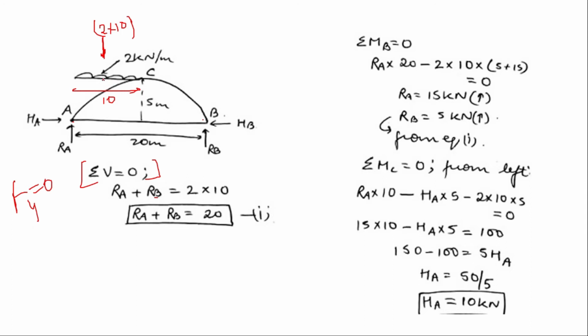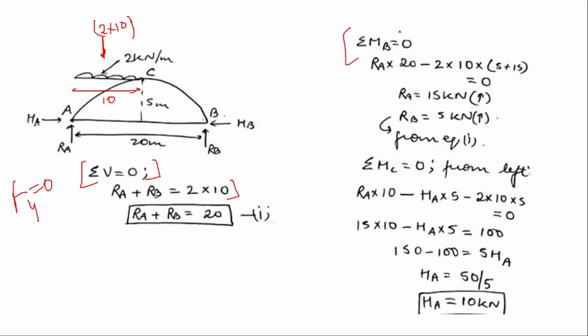So 2 into 10 is 20. The upward forces are RA plus RB, and the downward force is 2 kilonewton per meter into 10, so RA plus RB will be equal to 20.